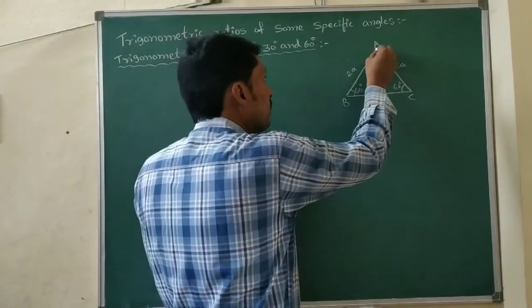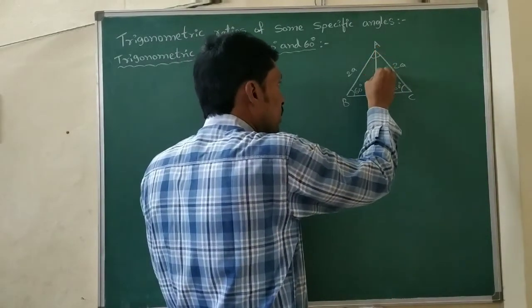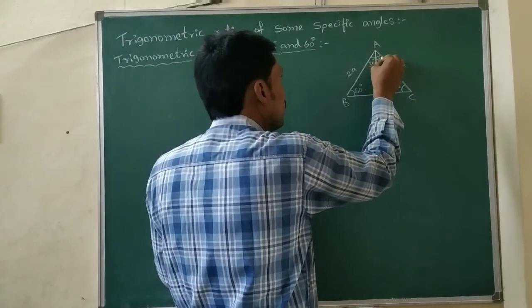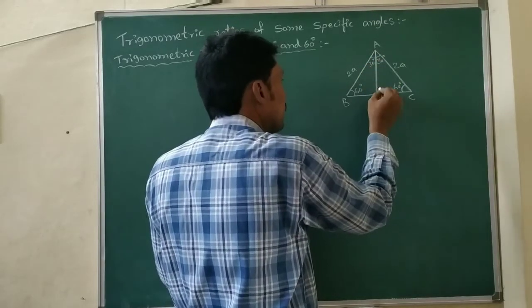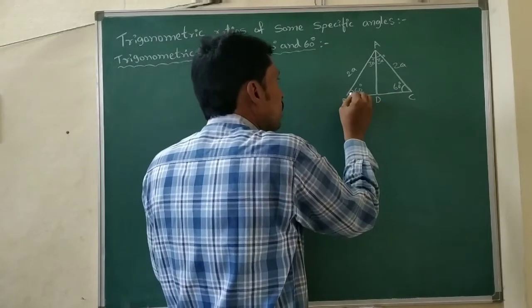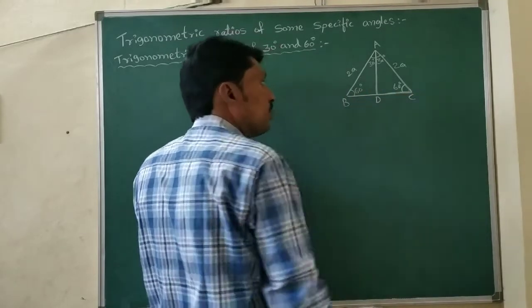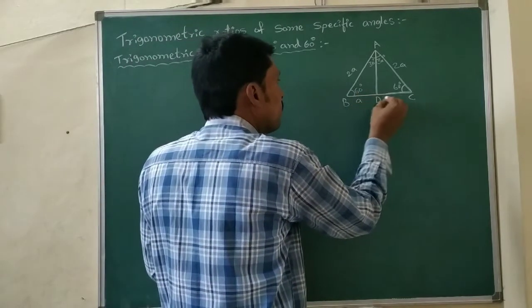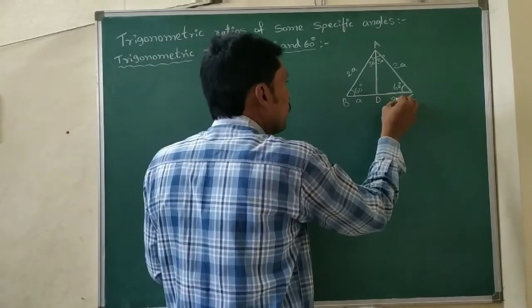But here we are taking the angle bisector. Angle bisector, so this is 30 degrees, and here also it is 30 degrees. This is AD. The total length is 2a units. B to D is a units and D to C is also a units.